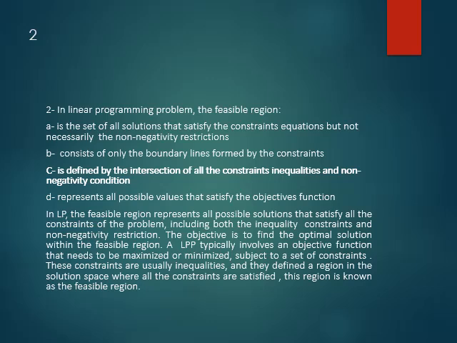B. Consists of only the boundary lines formed by the constraints. C. Is defined by the intersection of all the constraint inequalities and the non-negativity condition. D. Represents all possible values that satisfy the objective function.